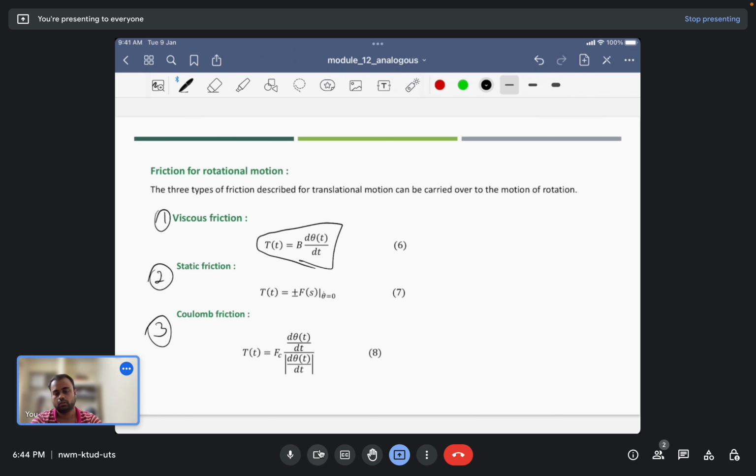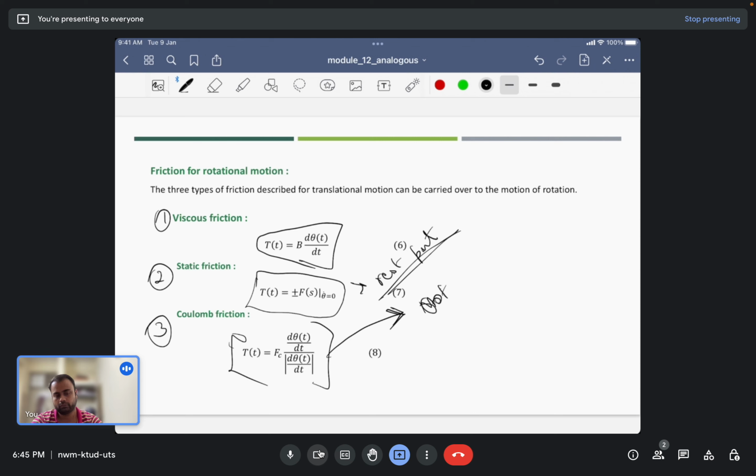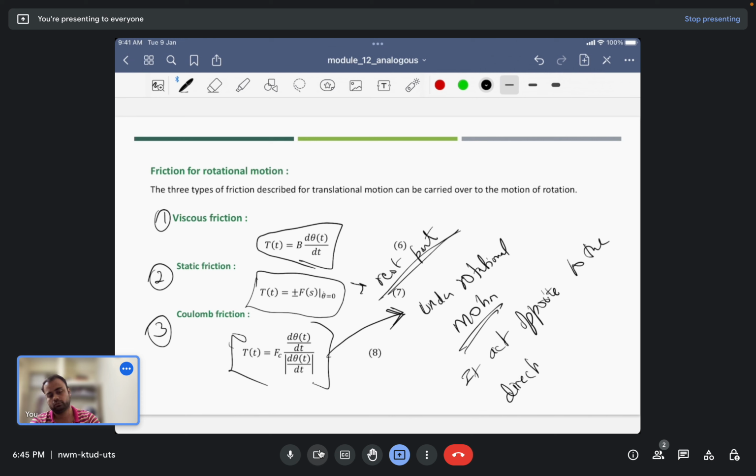Static friction again will be opposite to the direction of rotation, and will only act up to the rest part. And Coulomb friction again acts under rotational motion. Under rotational motion, it acts opposite to the direction of rotation.